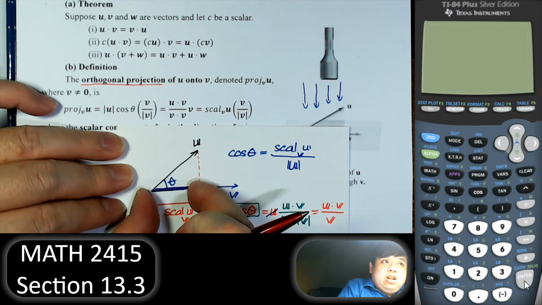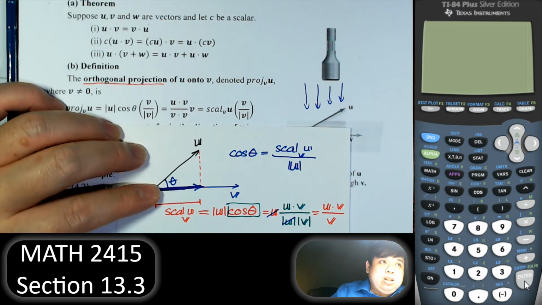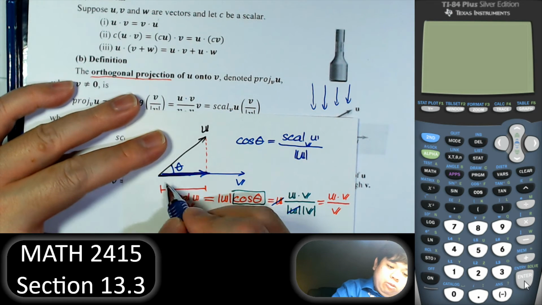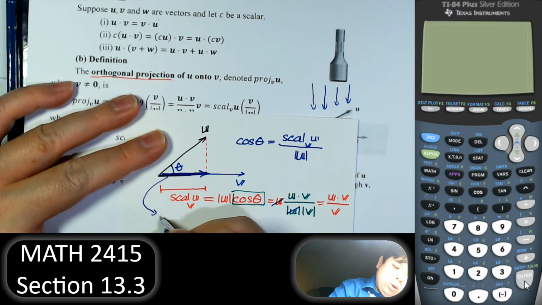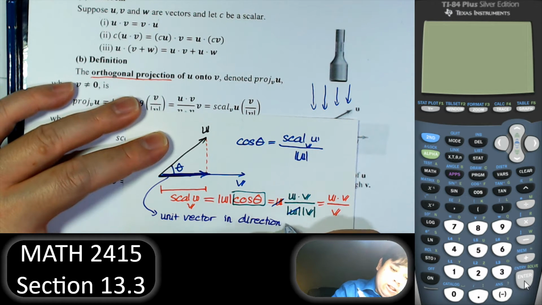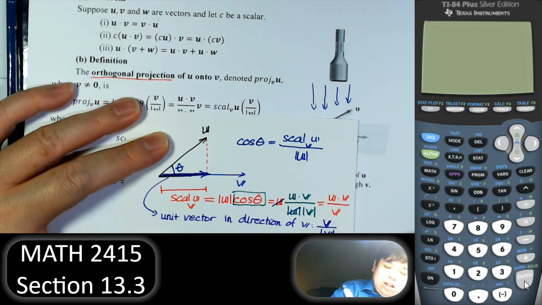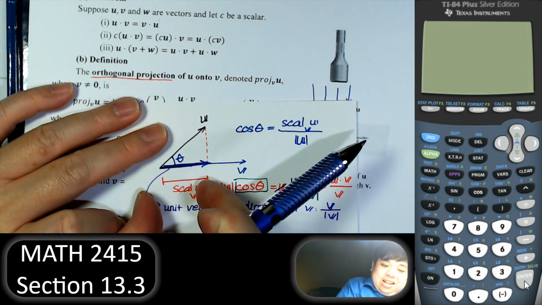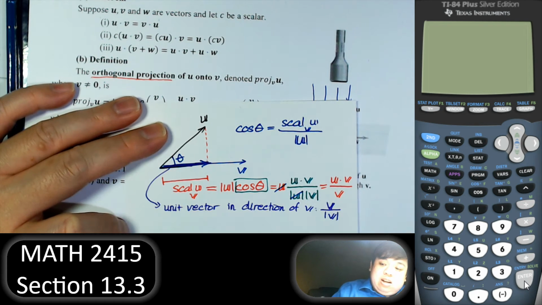If we want the actual vector, we have to multiply by the unit vector in the direction of v. So the unit vector in the direction of v is vector v over the magnitude of v. We just take the length and multiply by the unit vector in that direction.